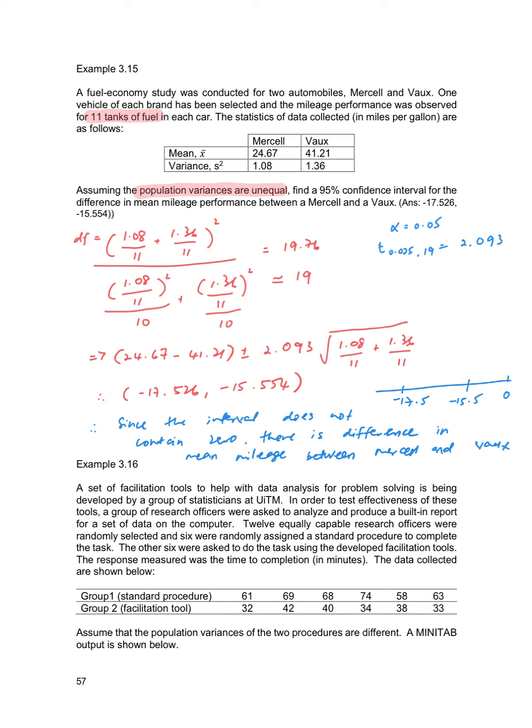So kita boleh kata since the interval does not contain 0 value, there is a difference in mean mileage between Mersenne and Vogt.